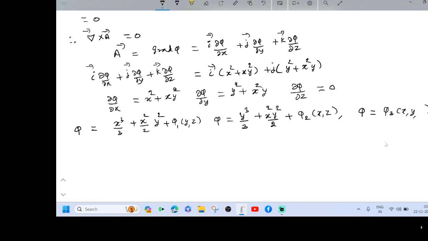Now we may write phi 1 of y comma z equal to terms in phi independent of x. See, the value here is independent of x. No one term is present independent of x. Here y³/3 is independent of x.